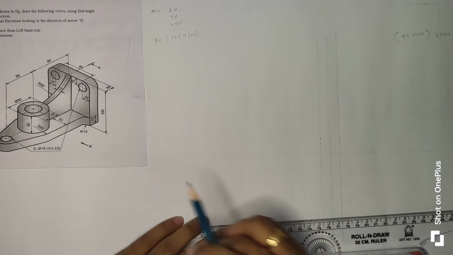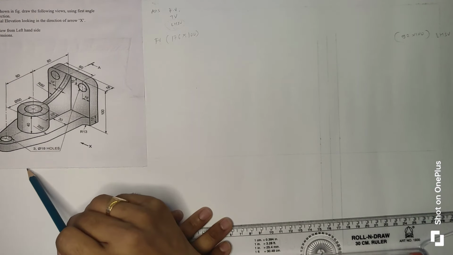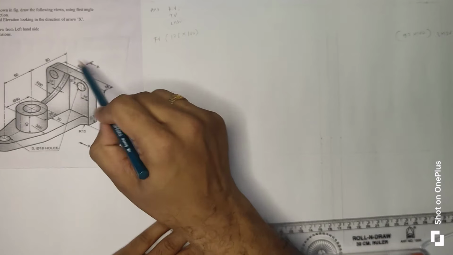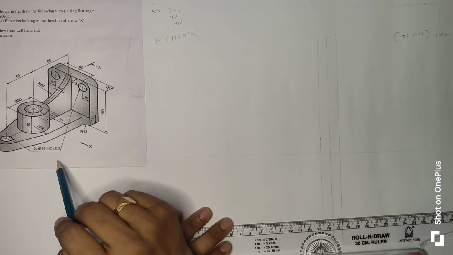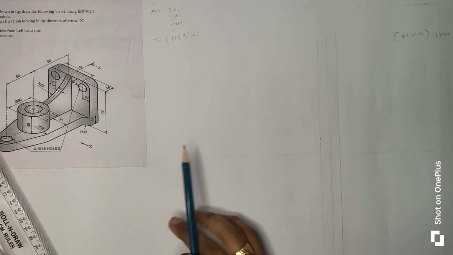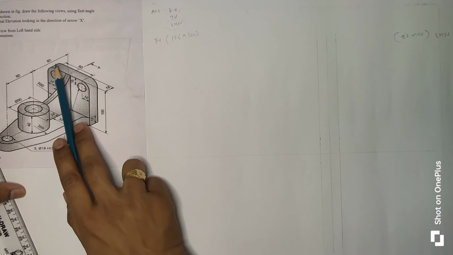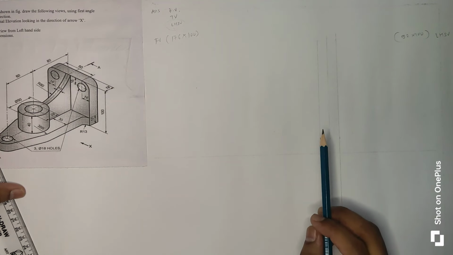And for the top view, the dimensions are X and this direction. This direction is 92, right?